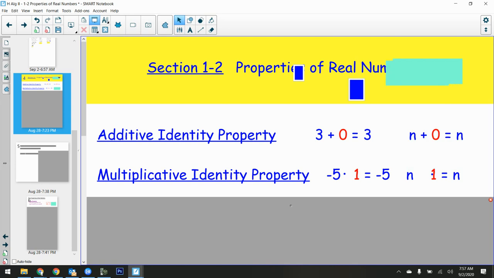Or in general terms, n times 1 is just n. You will find that not all operations have identities, especially once you get into higher level math. So again, an identity is one that keeps the value the same.